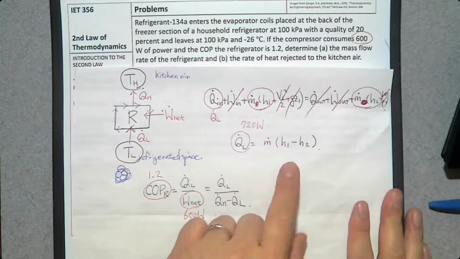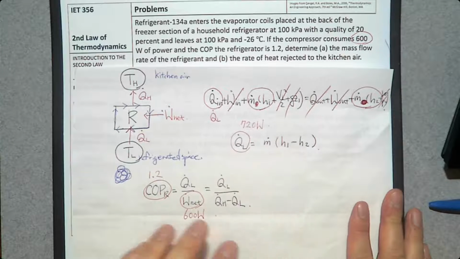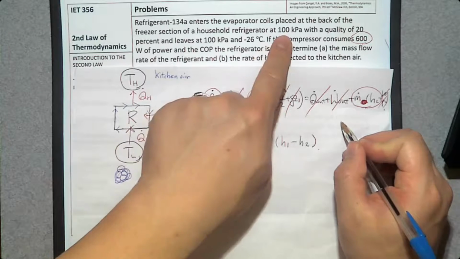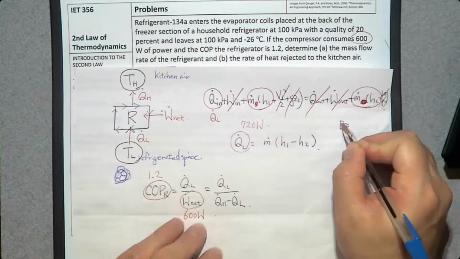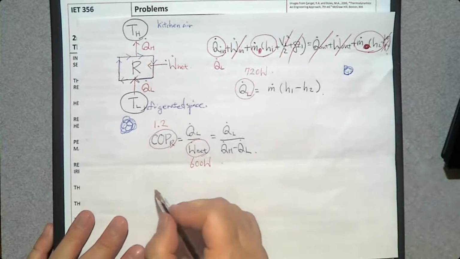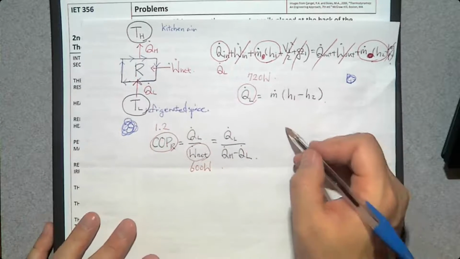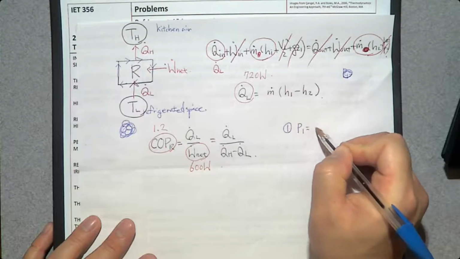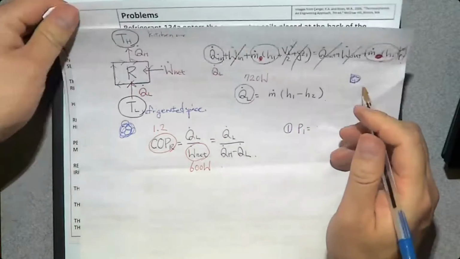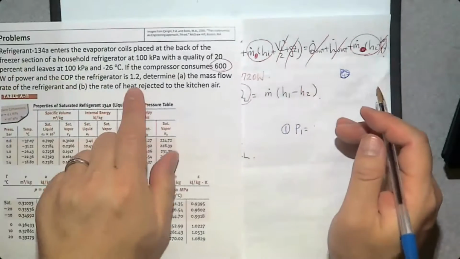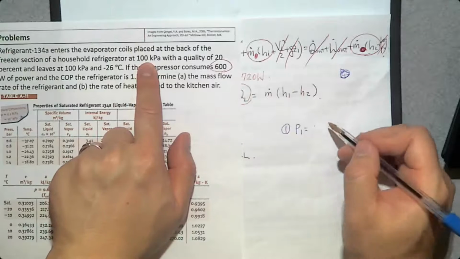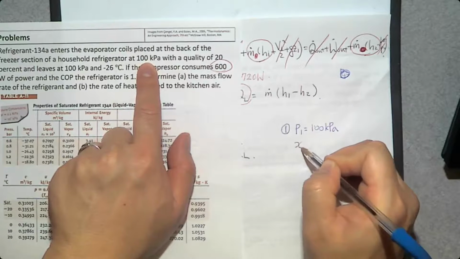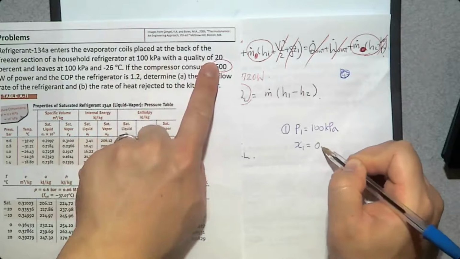Then, can you determine H1? Let's see, what do we know at the inlet? At the inlet, pressure P1 is 100 kilopascal, and the quality X is 20%, 0.2.